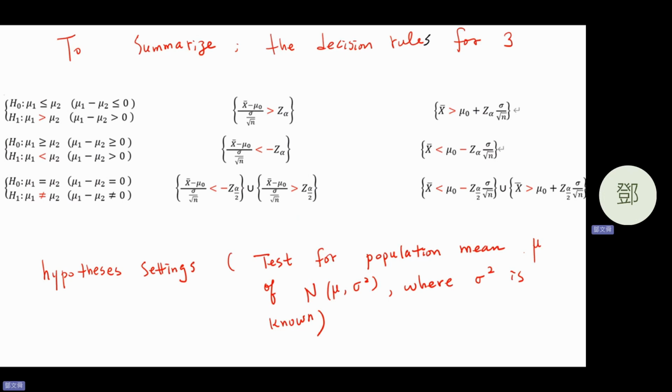Don't worry about the fake one, because by the law of large numbers, the fake one and the true one will be very close when n is large. That's what we can do without knowing the value of sigma.